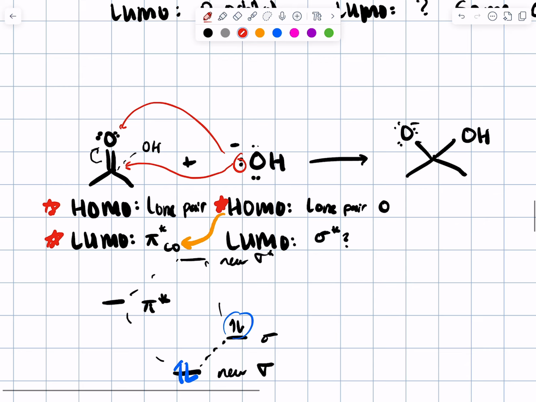So with this chemistry that we're seeing, again, a nucleophile, something that loves a nucleus, is attacking an electrophile, something that loves electrons. So we are always looking for something electron-rich attacking something electron-poor. Obviously, something with a negative charge on it, 3 lone pairs, is going to be very electron-rich.